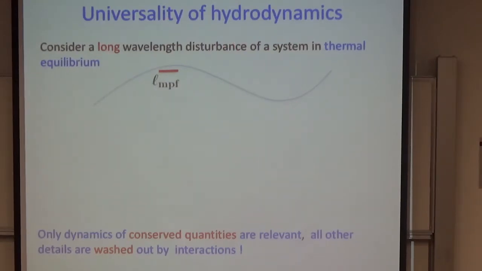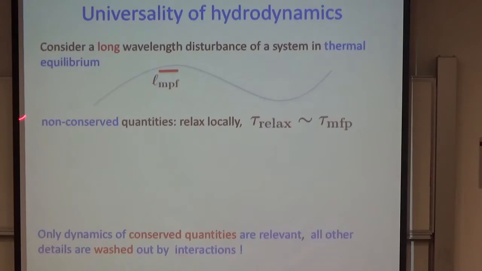In such a case, what happens depends on what kind of disturbance you create in your system. If the disturbance is in non-conserved quantities, then at each point in space-time those disturbances can relax locally and quickly, so every point can relax at the same time.